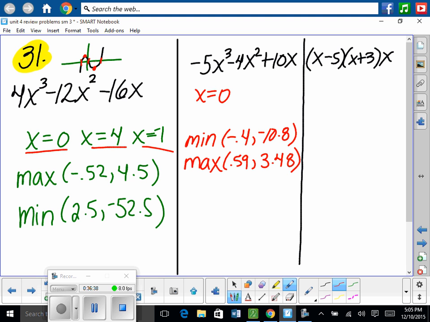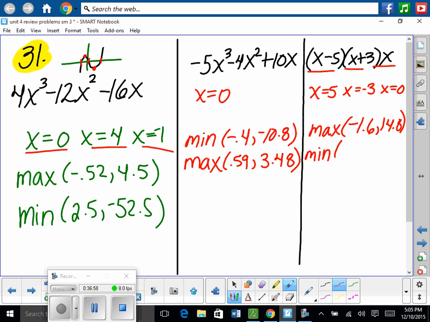This next one, they're already linear, so I'm just going to set each of those equal to 0. So I get x is equal to 5, x is equal to -3, and x is equal to 0. So those are my zeros. And then my max on this one, if you typed it in correctly, which you should practice, not just write it down, because I have it here, 14.8, because it really just takes practice. And if you type it in, you can know you're typing it in right, because you can check your answers with mine. So that's how you do these.